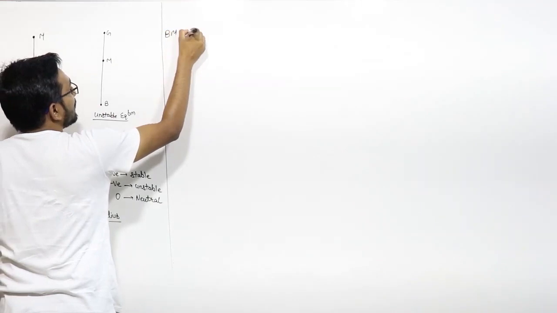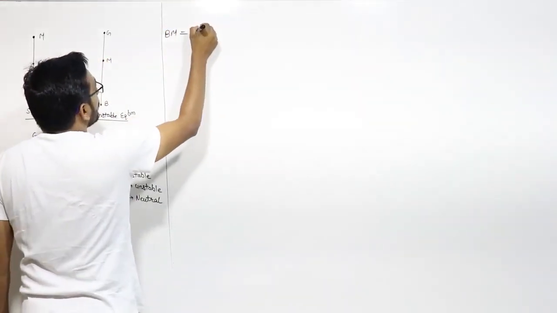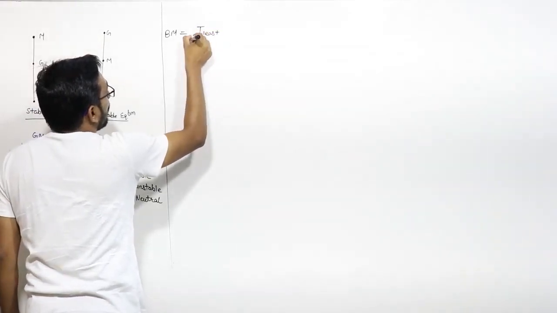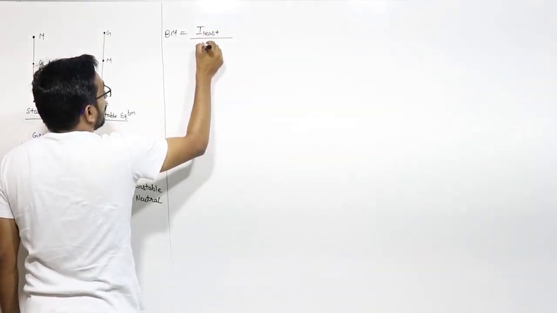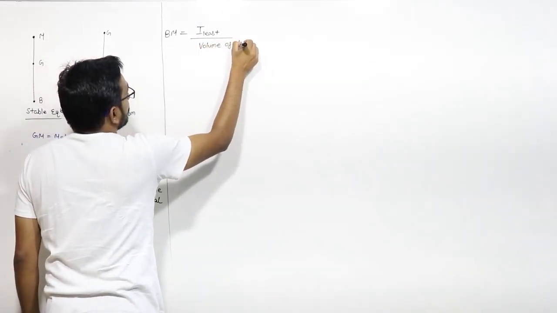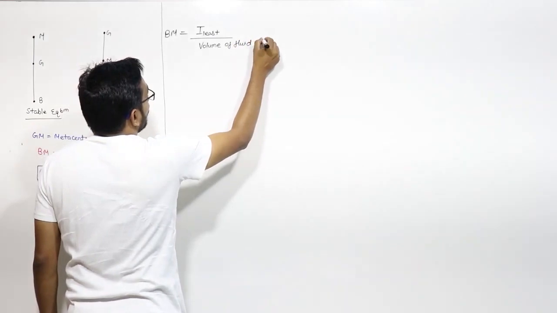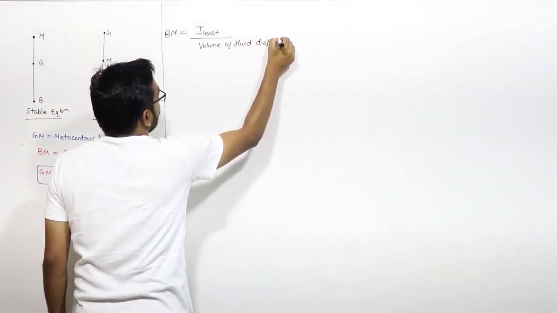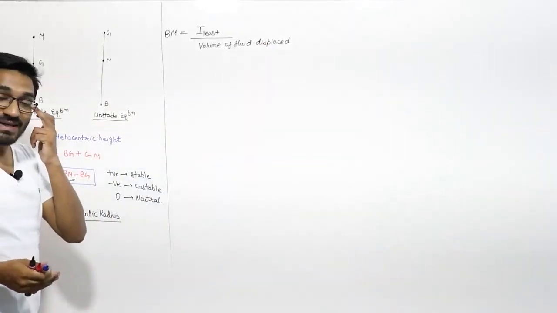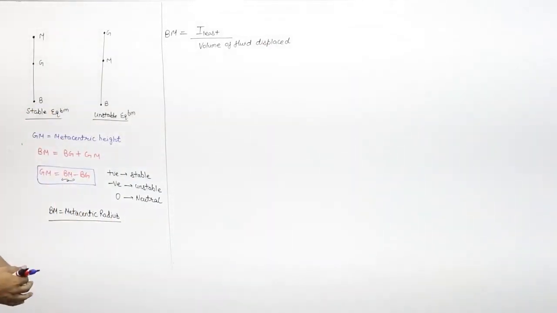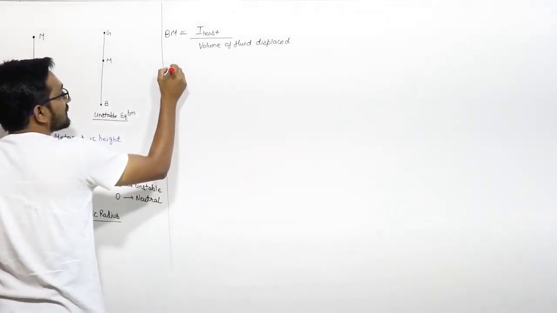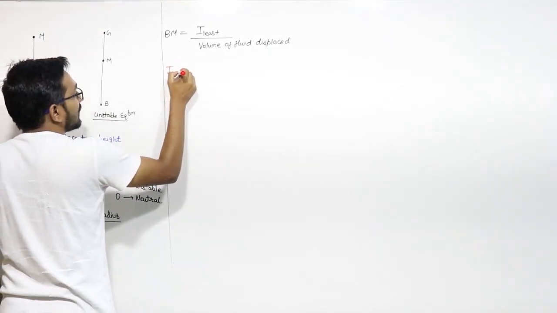Metacentric radius will be equal to the least moment of inertia upon the volume of fluid displaced. This is the formula for metacentric radius: the least moment of inertia divided by the volume of the fluid displaced. Let us see what this least moment of inertia is.